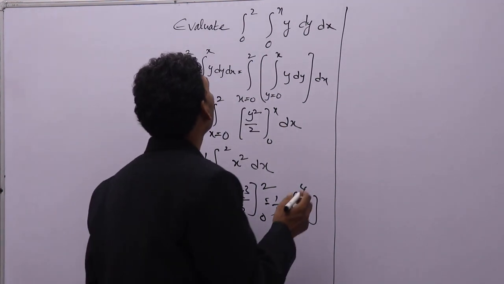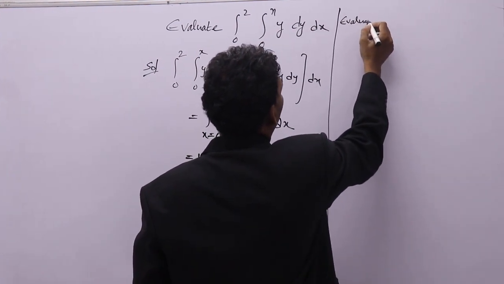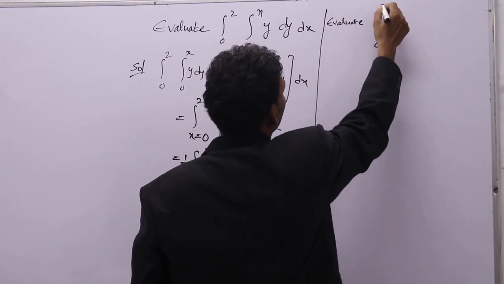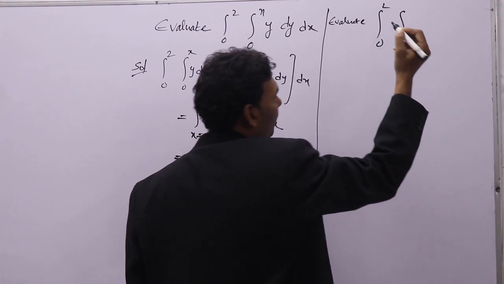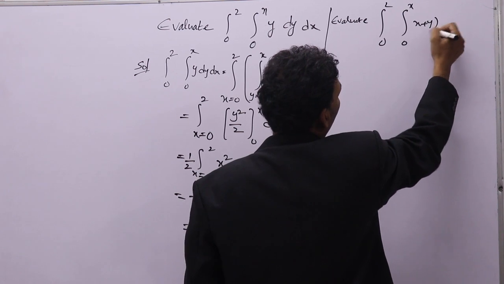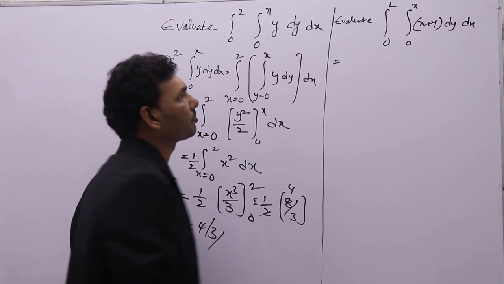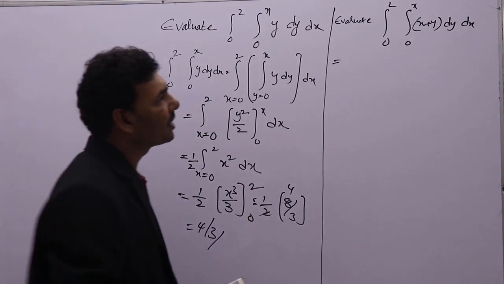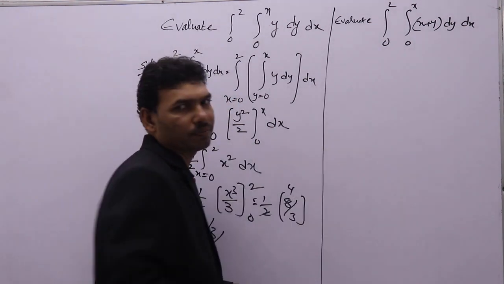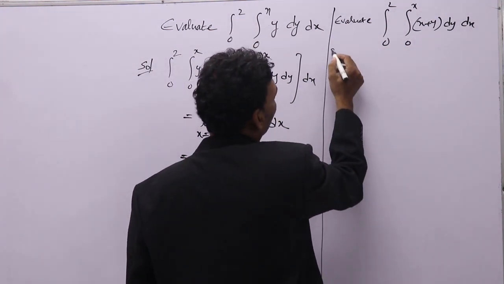Next, a similar problem I am explaining. Evaluate integral 0 to 2, integral 0 to x, x plus y dy dx. To evaluate this, first identify the limits. You know how to identify.